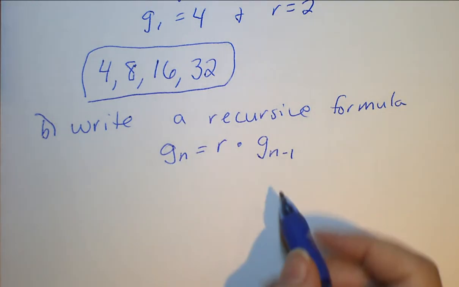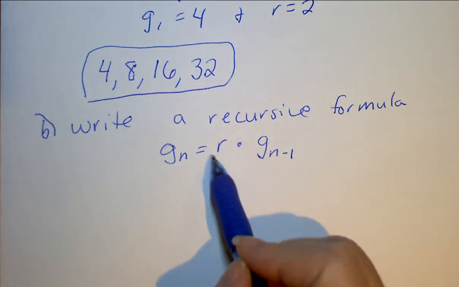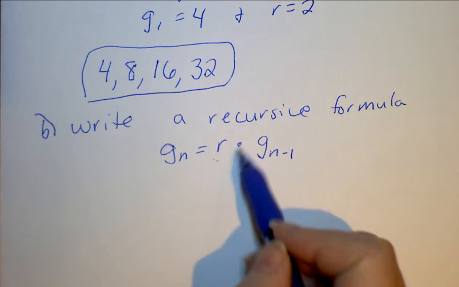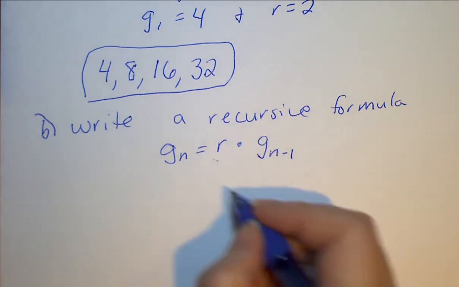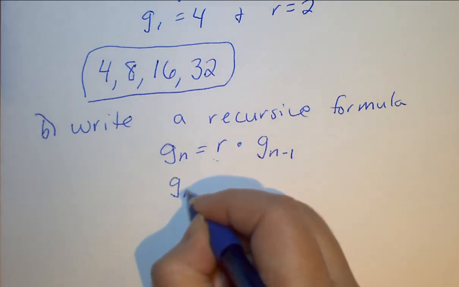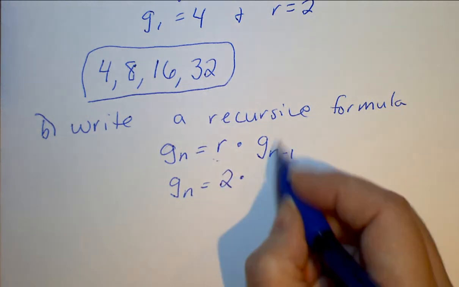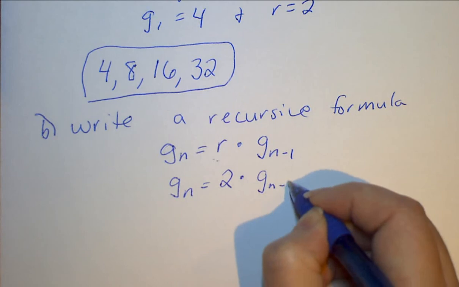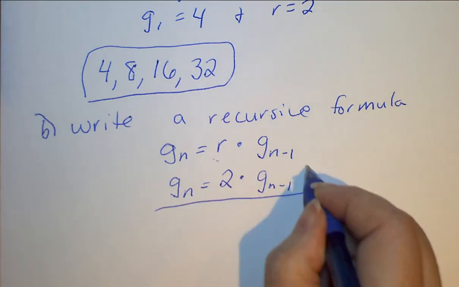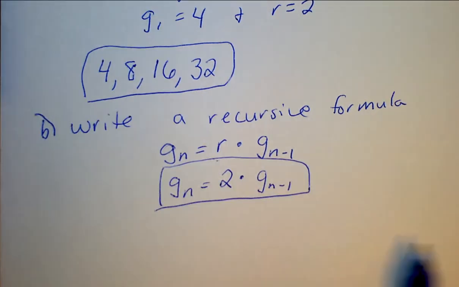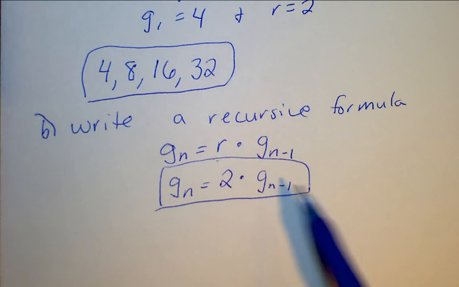So all we have to do is plug in our r. So it's g sub n is equal to 2 times g sub n minus 1. Again, if I wanted the 20th term, I'd have to find the 19th, the 18th, because that needs the previous term.